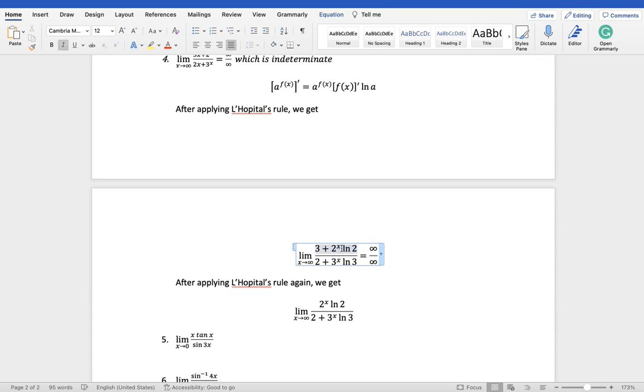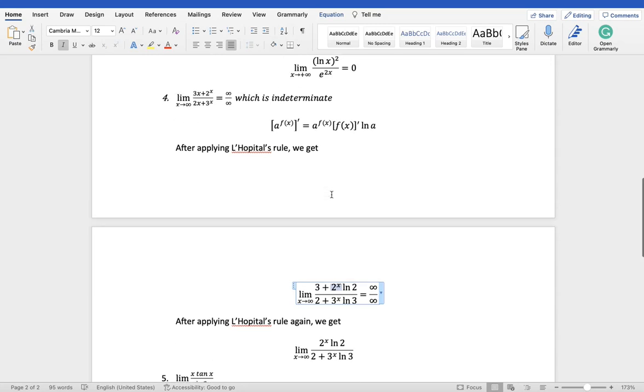Now remember that ln 2 is a constant here. So you can just keep it to the side and find the derivative of 2 to the x. But we already established that the derivative of 2 to the x is 2x ln 2. So you will have 2x ln 2 multiplied by the other ln 2 that was there originally. You have 2x ln 2 squared here, because you will have two ln 2s now, not just one.